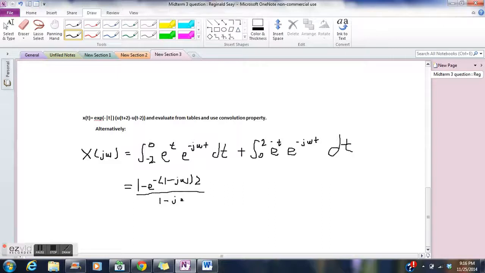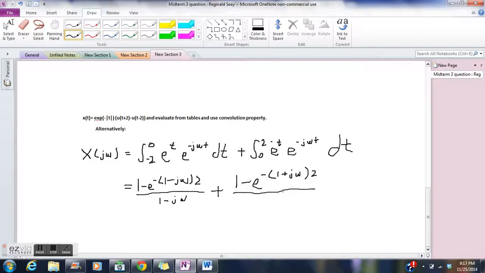So this is the left half, from our interval of -2 to 0. For the right half, we have 1 minus e to the negative 1 plus j omega times 2, all over 1 plus j omega. The left half looks exactly the same as the right half, but the only difference is our intervals.